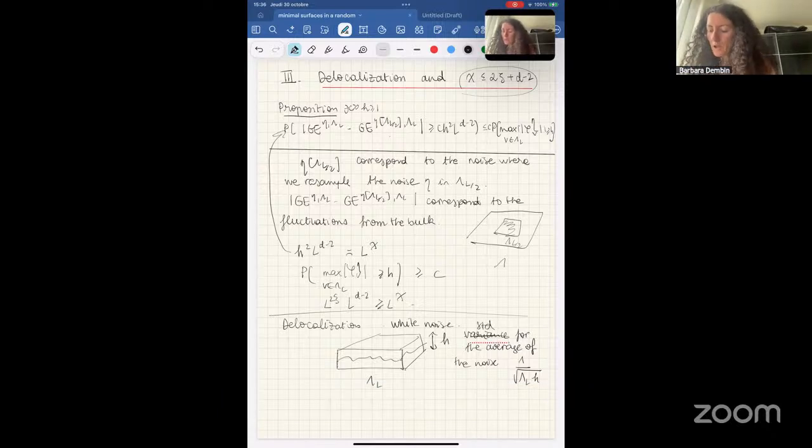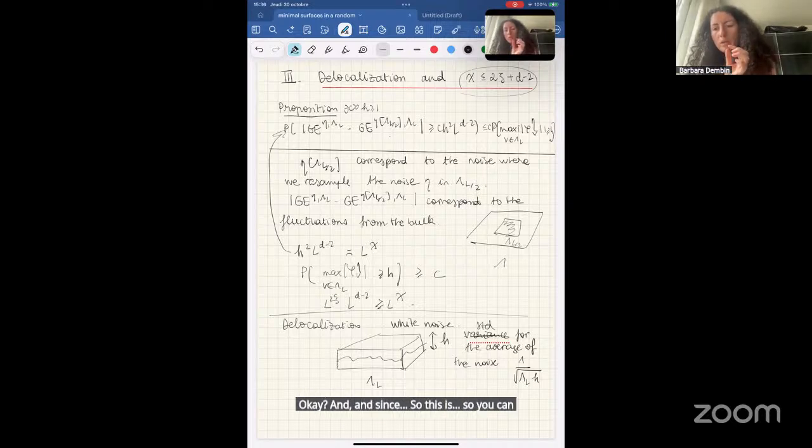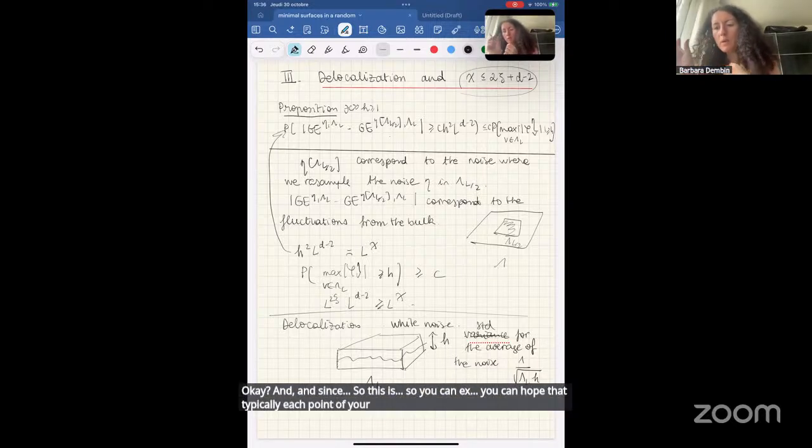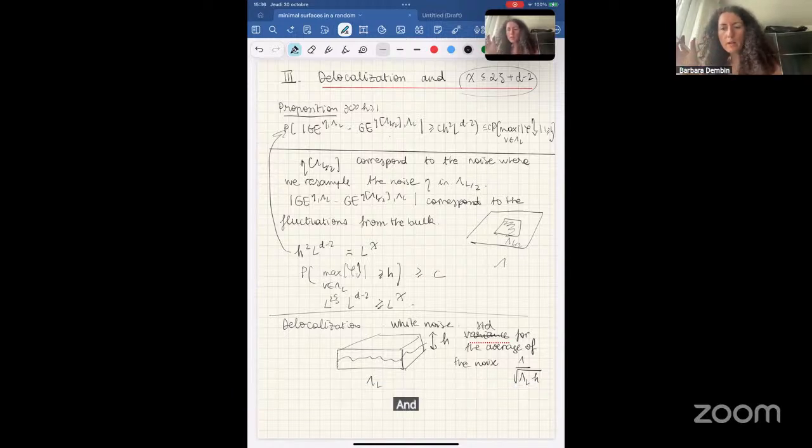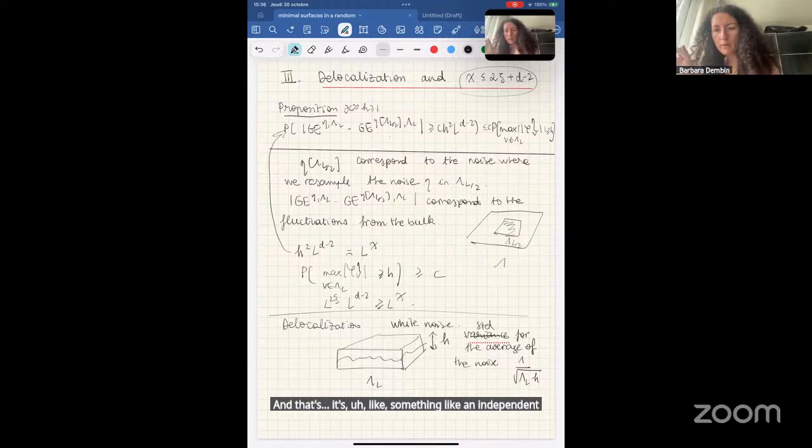Okay, and since you can hope that typically each point of your surface will have naturally this variance, and that it's like something independent. They vary independently like that.